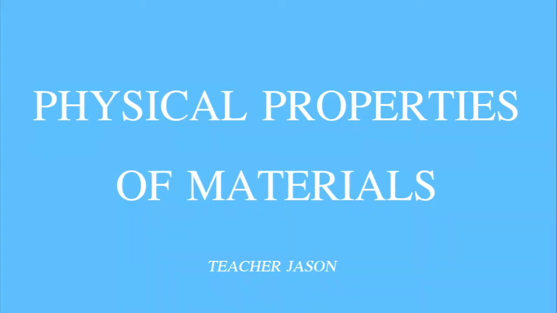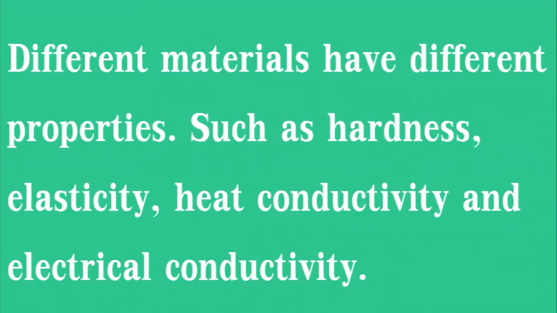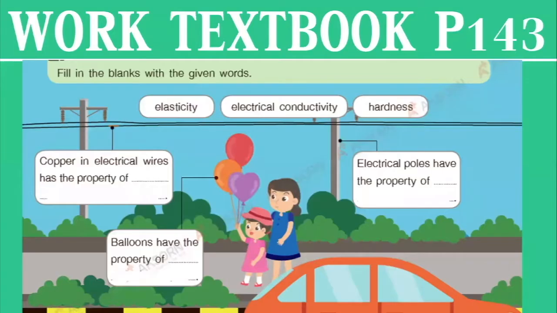Okay. Also, we discovered physical properties of materials, right? Different materials have different properties such as hardness, elasticity, heat conductivity, and electrical conductivity. So we did some exercise on page 143 of your workbook, and we filled in the blanks with given words.